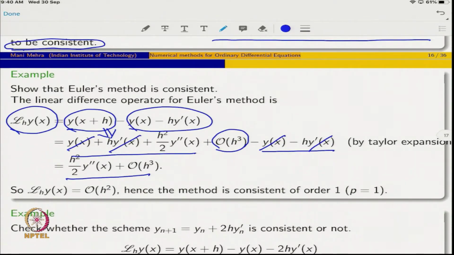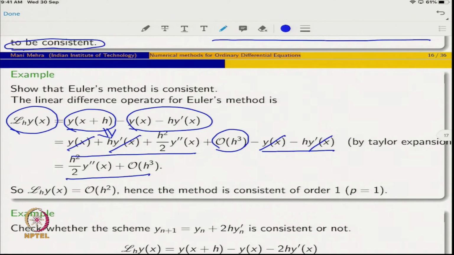So, this is just another way to look at the truncation error, because this way helps you: if some difference equation is given to you, you can prove whether it is consistent or not consistent. That is one thing. Another thing is you can derive the method by fixing the template.